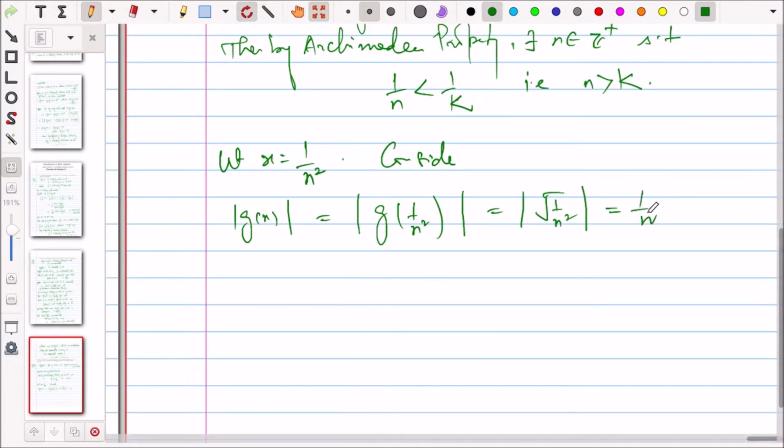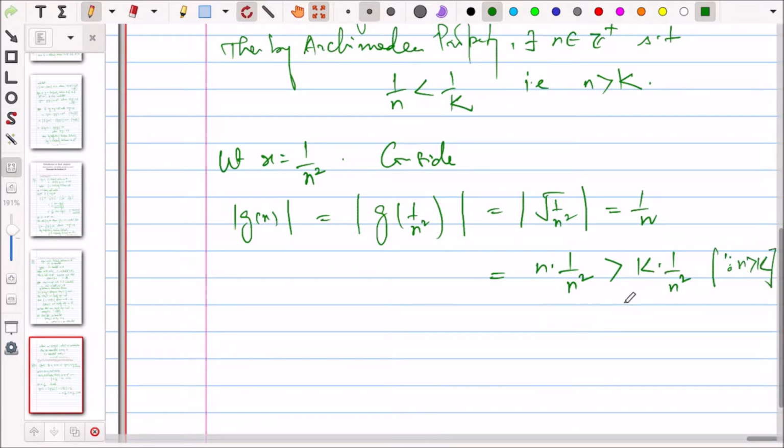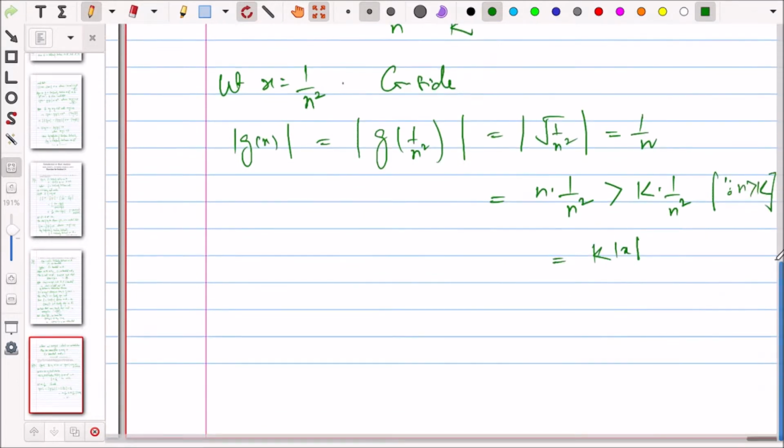Now this is equal to n times 1 by n square, which is greater than k times 1 by n square, since n is greater than k, and this is nothing but k times mod x, because x is equal to 1 by n square.